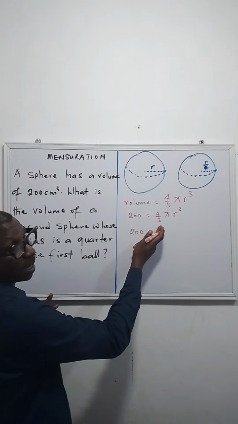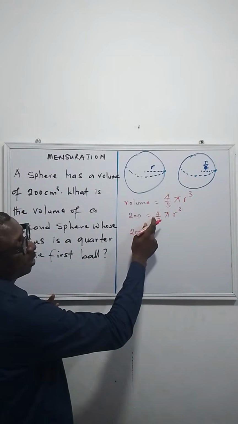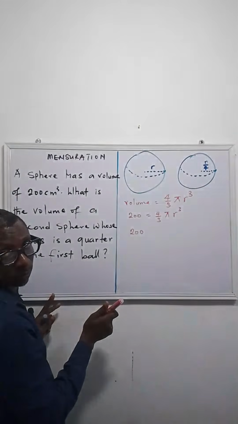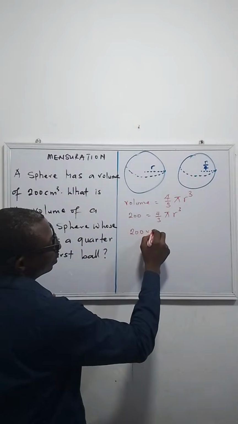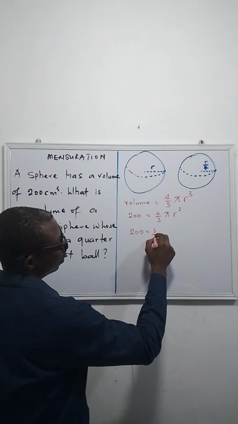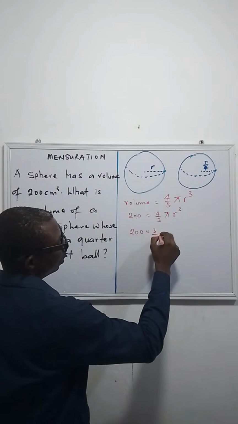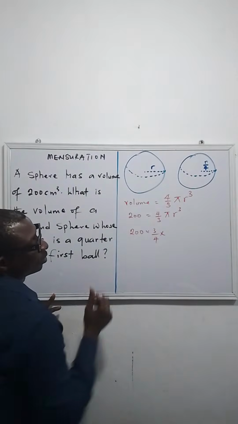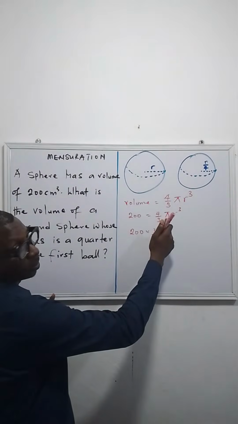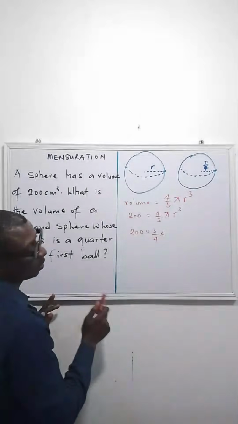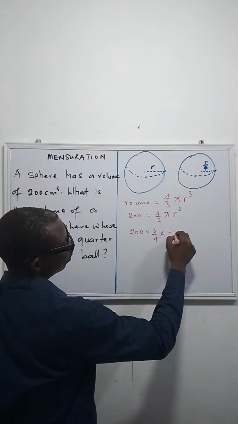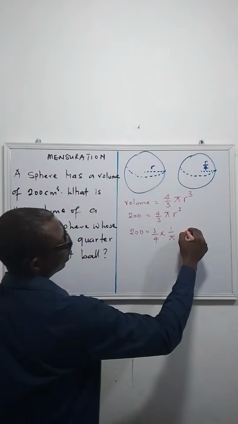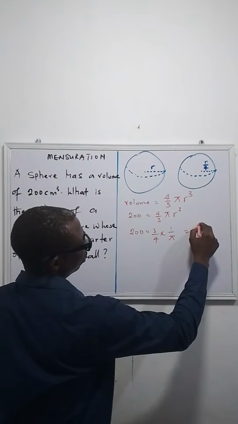Now you just multiply both sides by the reciprocal of 4 over 3, and that's going to be times 3 over 4. Now we multiply both sides as well by the reciprocal of pi. So that's times 1 over pi. That is equals to r cube.